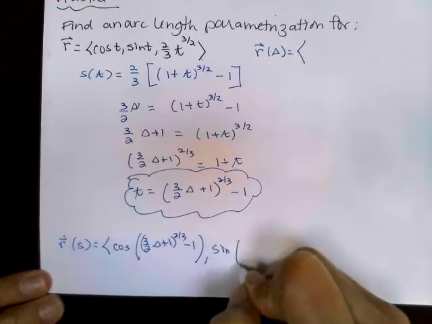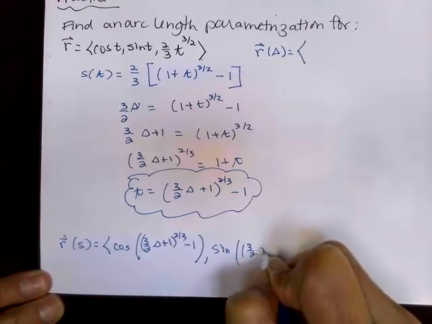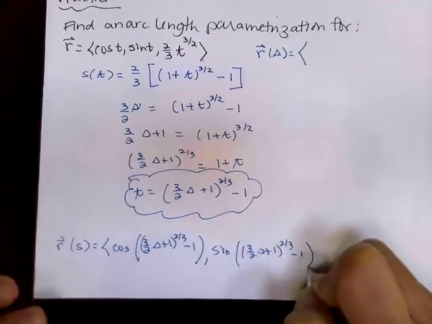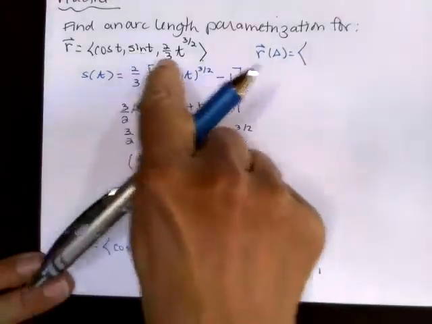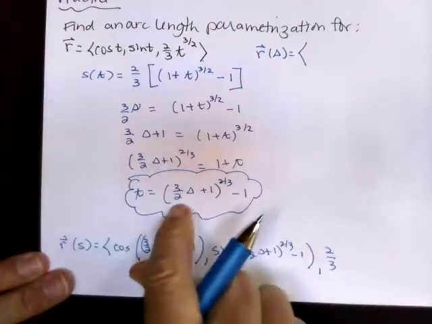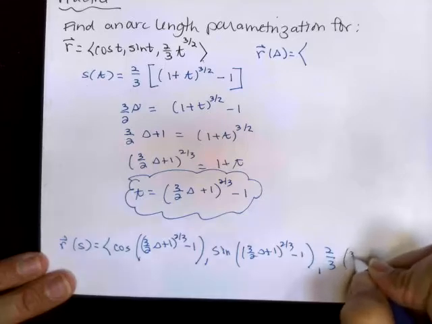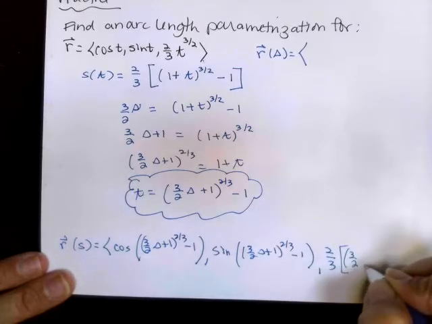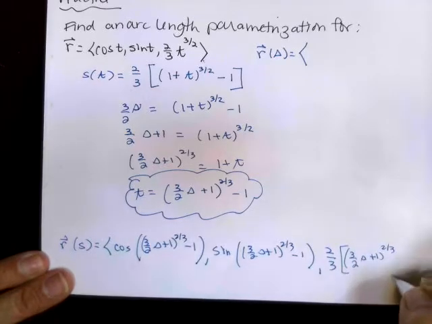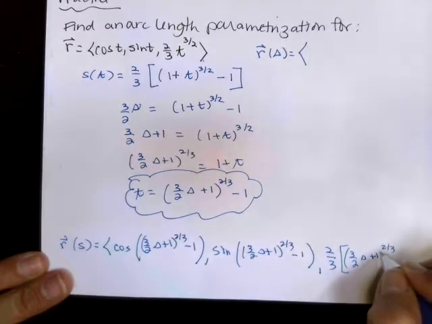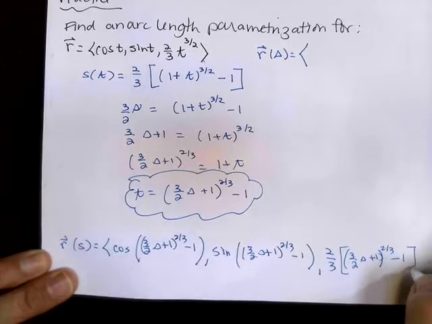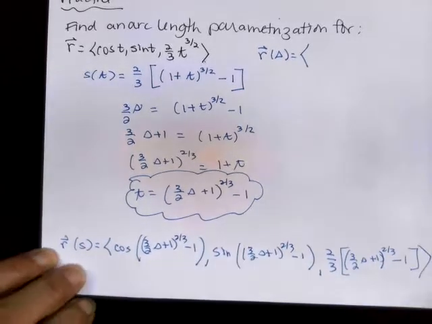Sine, same thing: 3/2 s plus 1, to the 2/3, minus 1. And then the last one is 2/3 times t, with t now being played by 3/2 s plus 1, to the 2/3, minus 1. Make sure I've got my parentheses in the right spots. And then close off your vector.